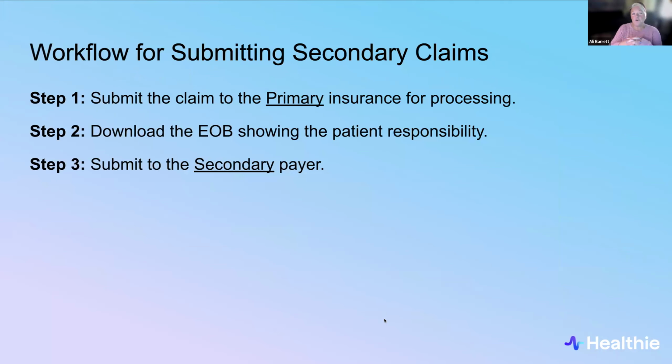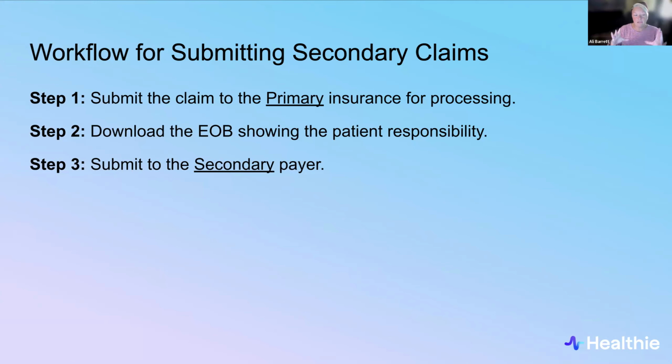Now, the workflow for submitting secondary claims. The first thing is submit the claim to the primary insurance for processing. If they deny it or there's still a patient responsibility, then you want to make sure that you download the EOB showing the patient responsibility.